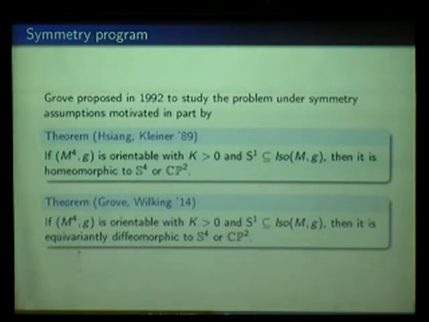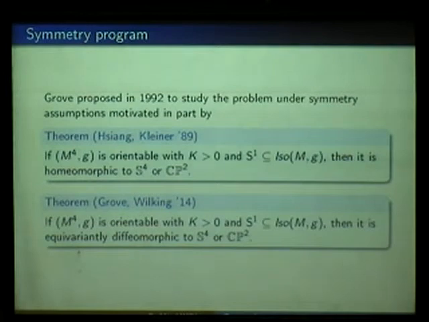And he was motivated in part by a theorem of Hsiang-Kleiner. So if you have a 4-manifold with positive sectional curvature and you assume in addition that the isometry group is infinite, so you have an S1 in the isometry group, then you actually can say it's homeomorphic to S4 or CP2, right? So it uses Freedman's classification.